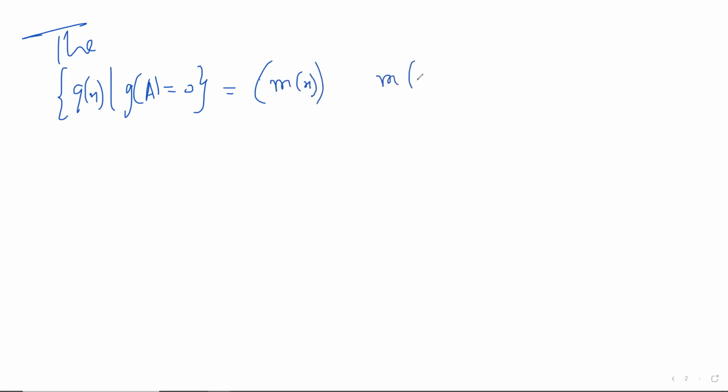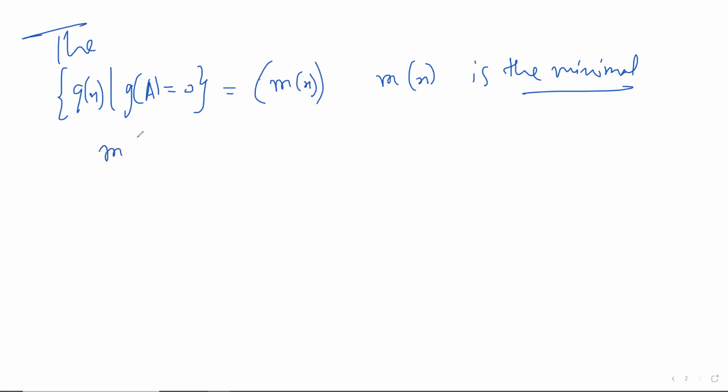So if you look at the set of g(x) such that g(A) is equal to 0, this set is generated by some polynomial m(x), and this m(x) is called the minimal polynomial. That is one definition.